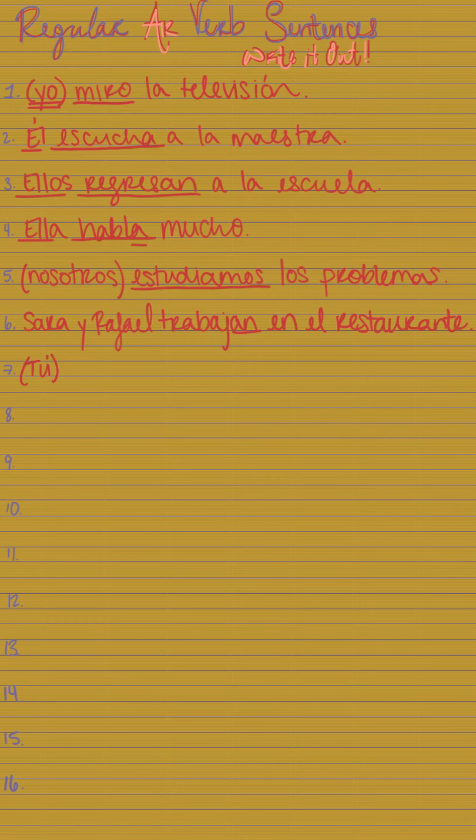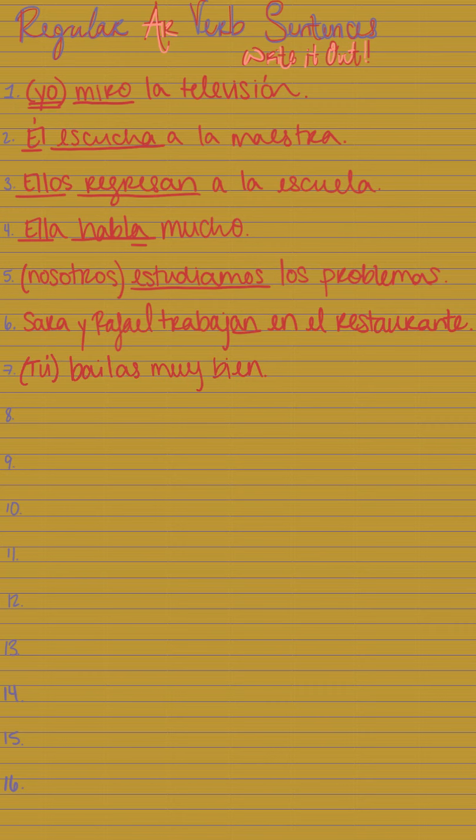So it's not exactly needed, but if you included it, still get an A. All right, so tú bailas muy bien. Así es, amigos. There we have it. Tú bailas muy bien, or you dance very well.